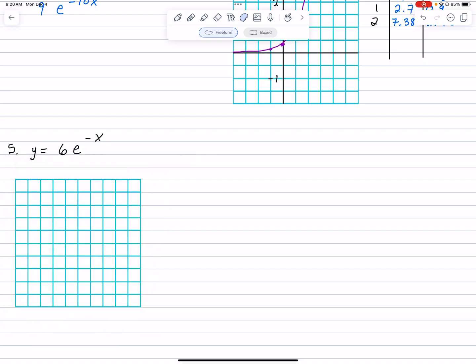So let's go and make our table. Notice again, we have a stretch by 6, and it's a vertical stretch. So it's going to be 6 times y.